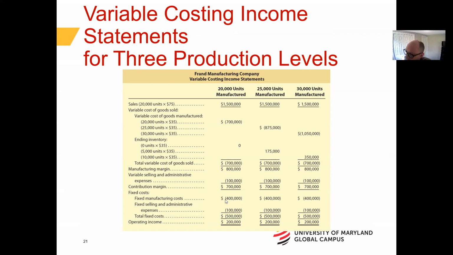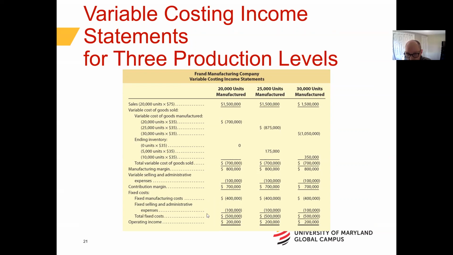Fixed manufacturing costs, 400,000, fixed selling administrative expenses, 100,000. 700,000 minus 500,000 equals $200,000 of operating income, regardless of the number of units manufactured.